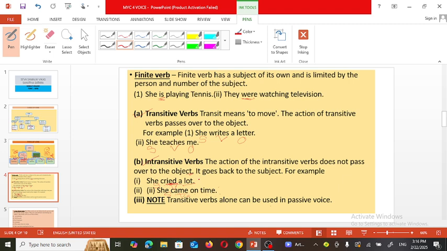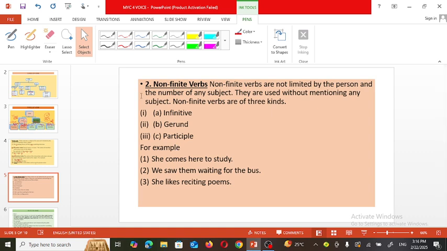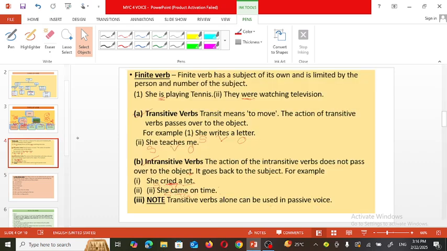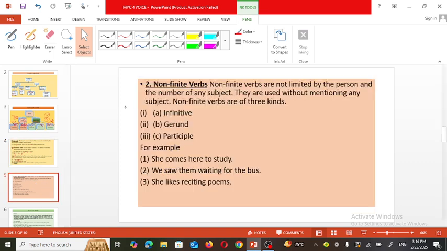For intransitive verbs, as there is no presence of an object, we cannot change them into passive voice. They are always in active voice. Now see the next one. Finite verbs are further classified as transitive and intransitive verbs. Now non-finite verbs we can classify as infinitive, gerund and participle. So let's see.